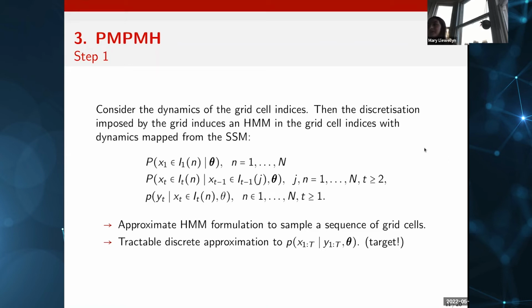Now that we've approximated each of these, what we have is an explicit form of the HMM approximation to the system. And we can use the nice tractability of this HMM and all the nice properties that come out of it to sample from an approximation to this conditional distribution.